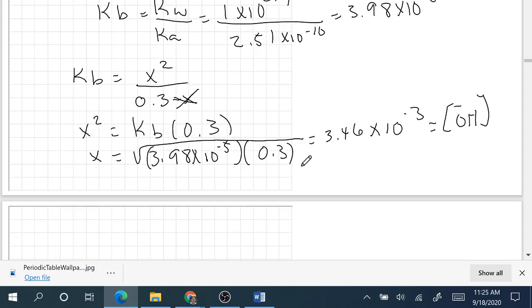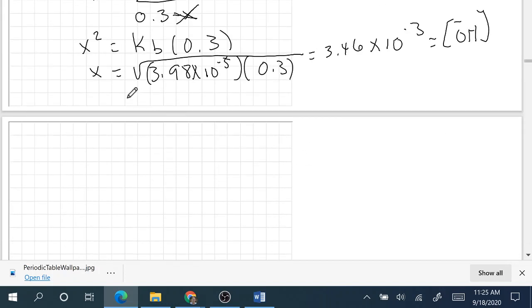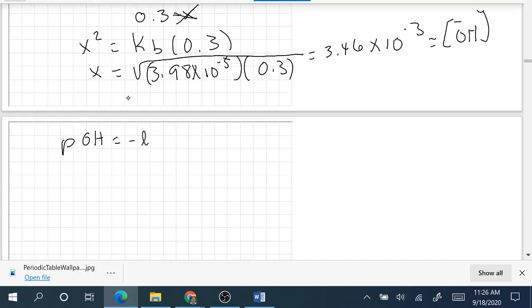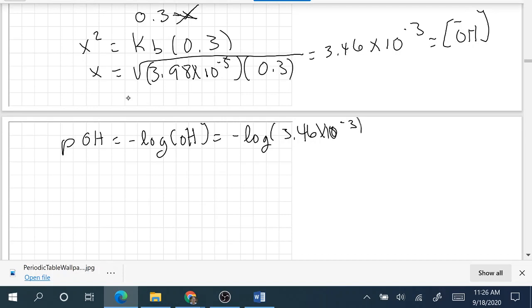All right, so now we know what our hydroxide ion concentration is, but that's not going to give us the pH, that's going to give us the pOH, okay? So pOH is equal to the negative log of the hydroxide ion concentration, which is the negative log of 3.46 times 10 to the minus 3rd, which is equal to 2.46, okay?